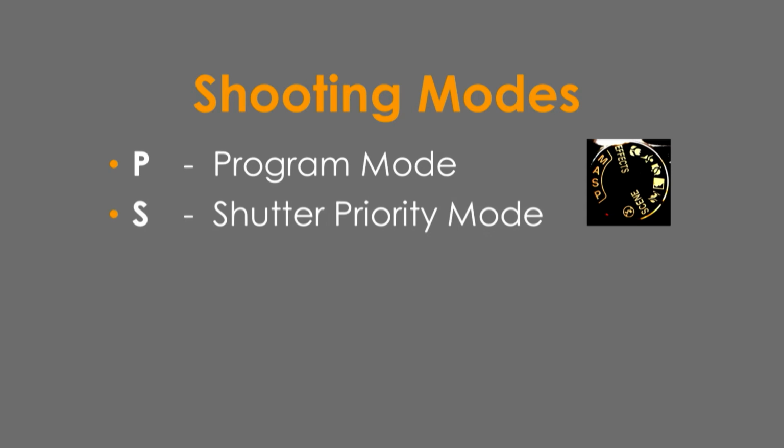You then have the S mode, which is the shutter priority mode, where you decide whatever shutter speed you want to shoot at, and the camera will choose the right aperture for it. Of course, ISO you have to set.